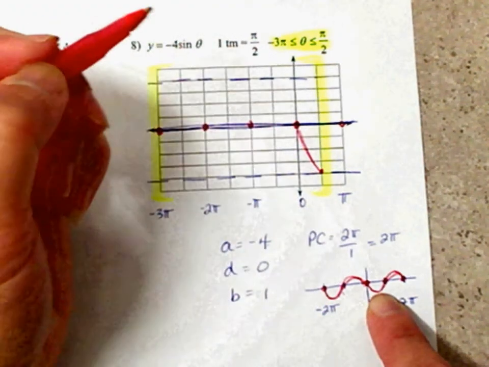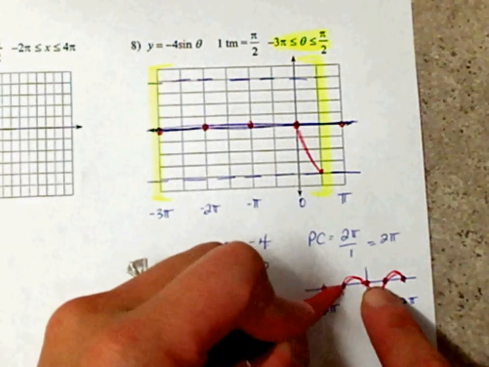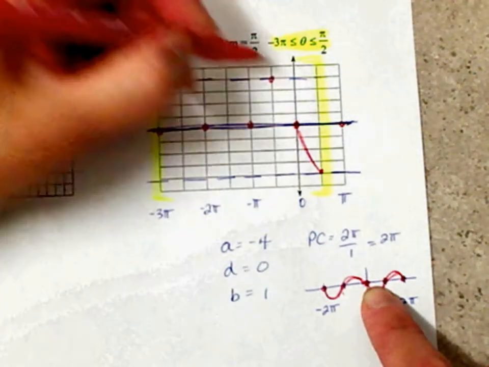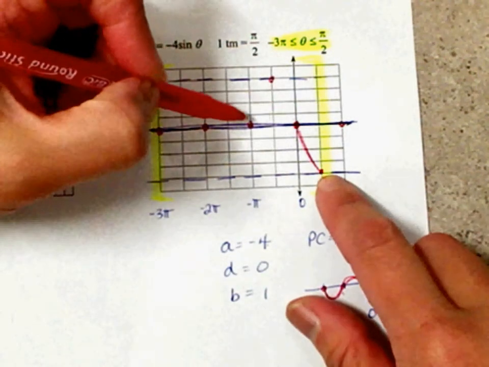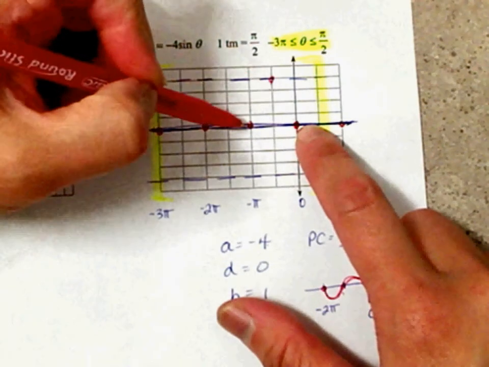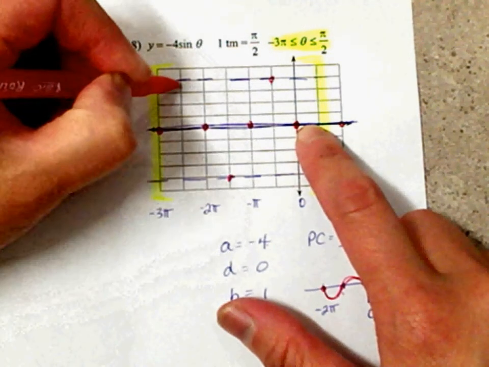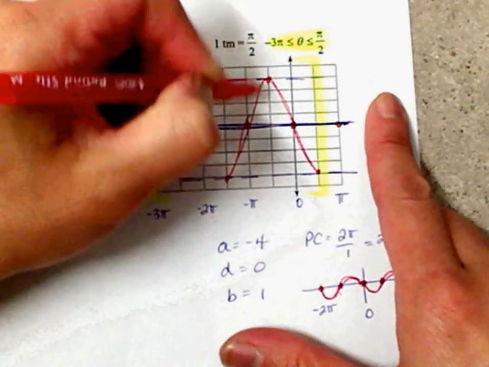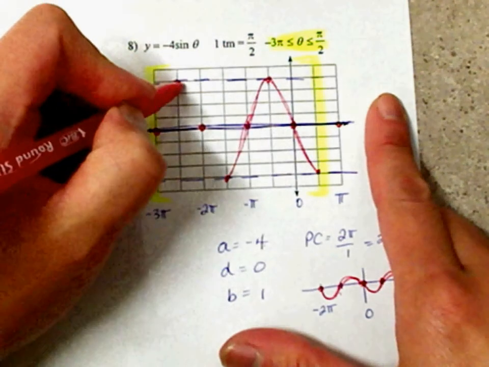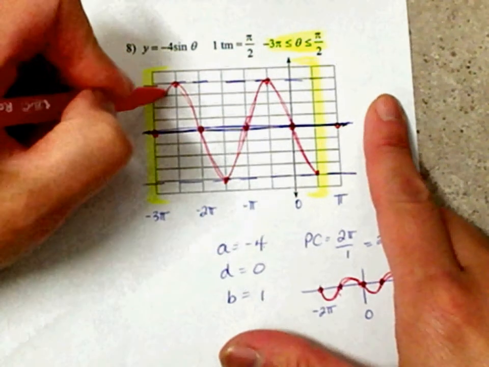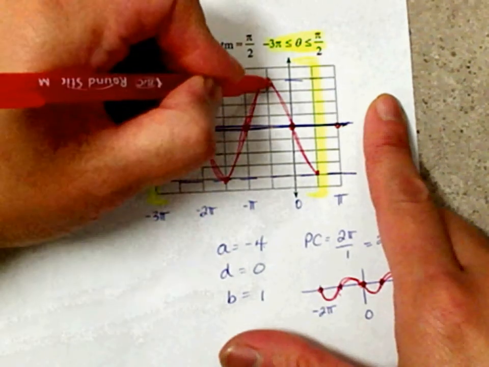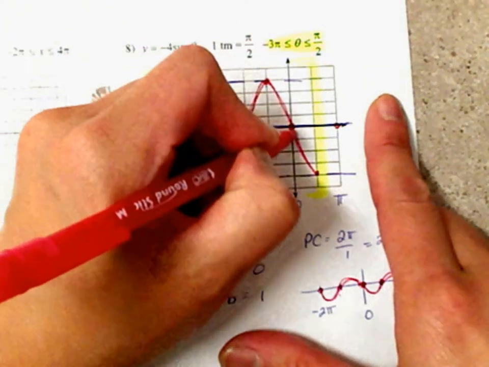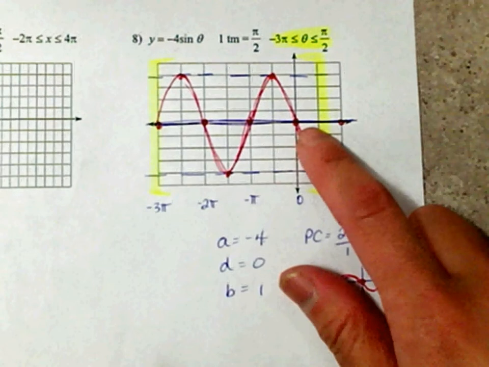From 0 to negative pi, I will have a maximum in between. See a pattern taking place. Down, up, middle, down, middle, up. So there's that pattern. And I can just connect them, putting a little wave in it, okay? Just like that. And there is my negative sine wave right there. It tells you positive or negative at 0. Okay? So there you have that graph.